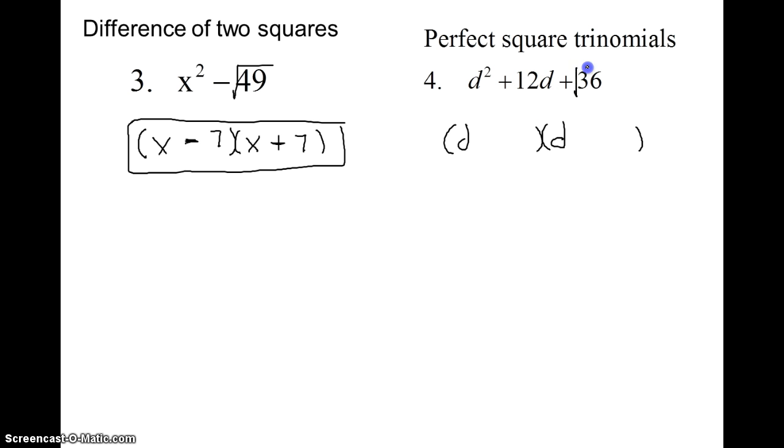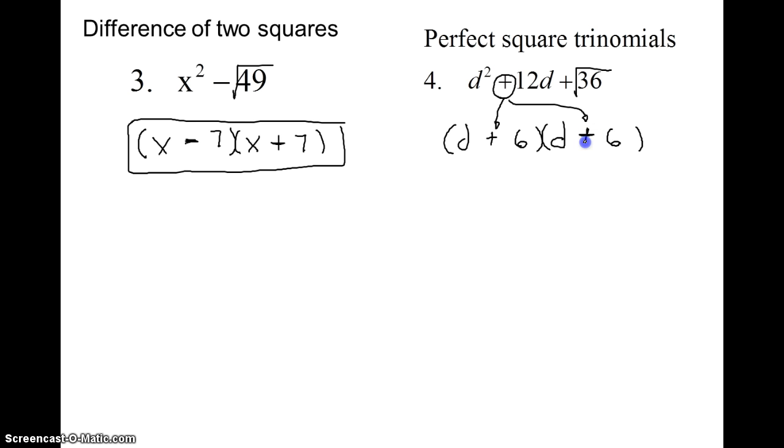Take the square root of the value of c, which is the last number. Square root of 36 is 6, and 6. Now, when you have a perfect square trinomial, you're not going to have different signs. You are going to use the sign in the middle. So there's the plus and the plus over here.